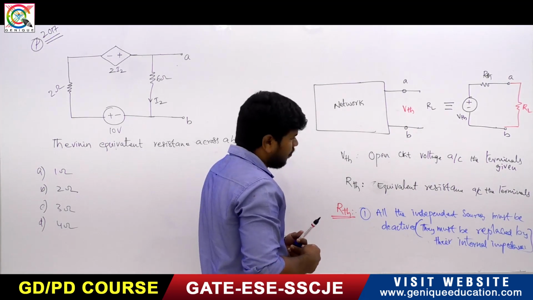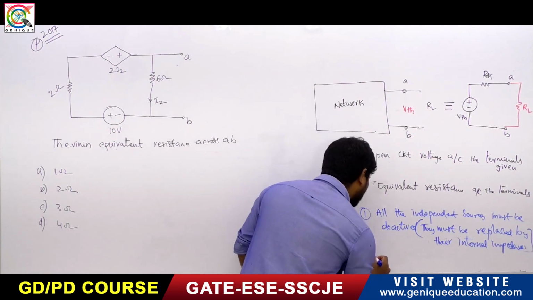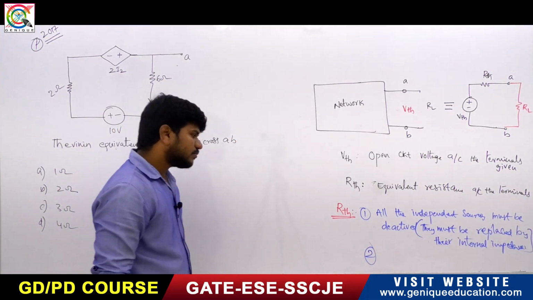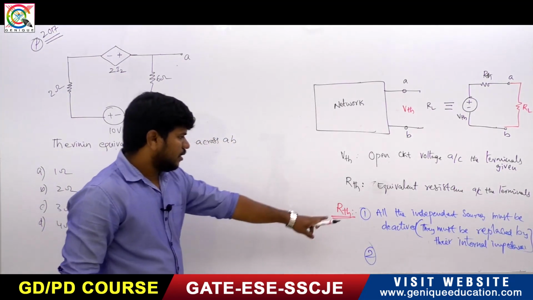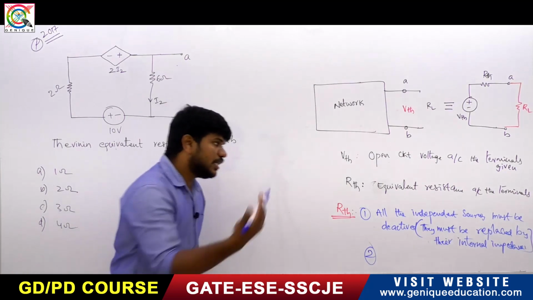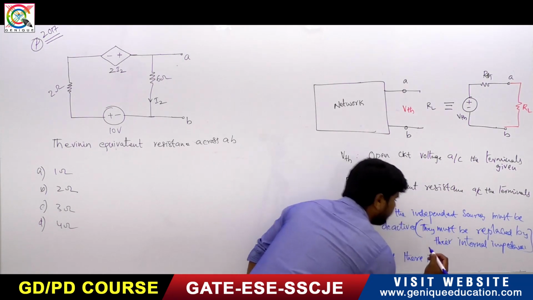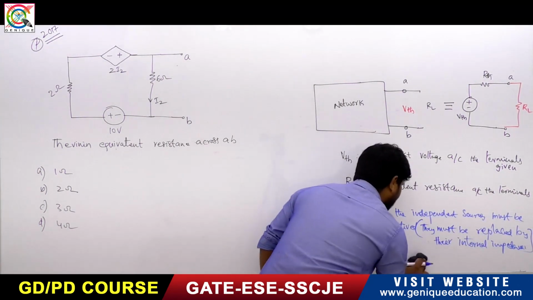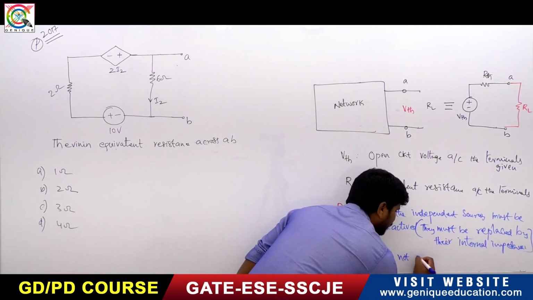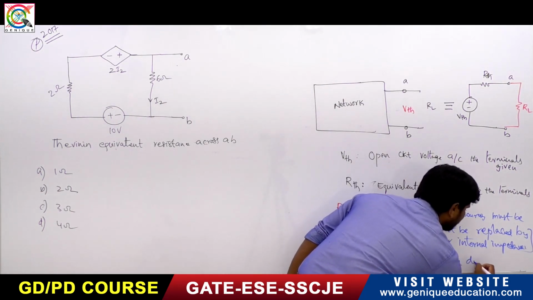And next, what we have to find? We have to find the RTH, right? So after deactivating these sources, what we have to do? The next point is, do not disturb the dependent source.